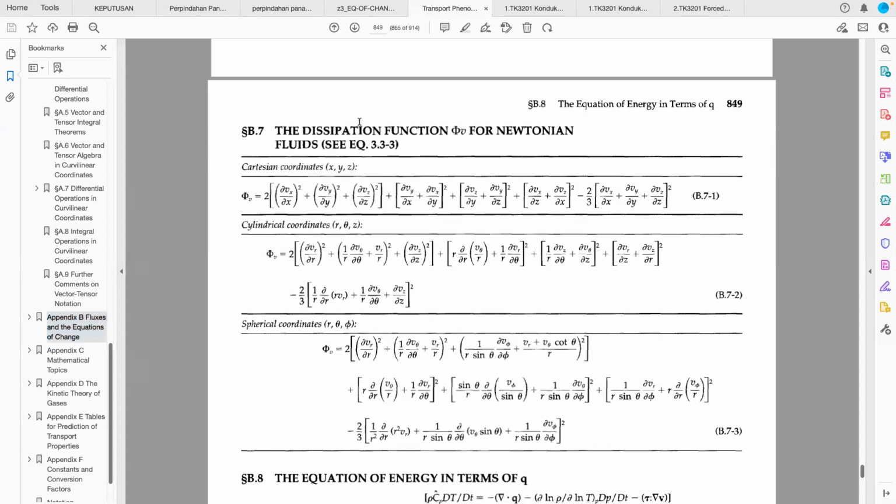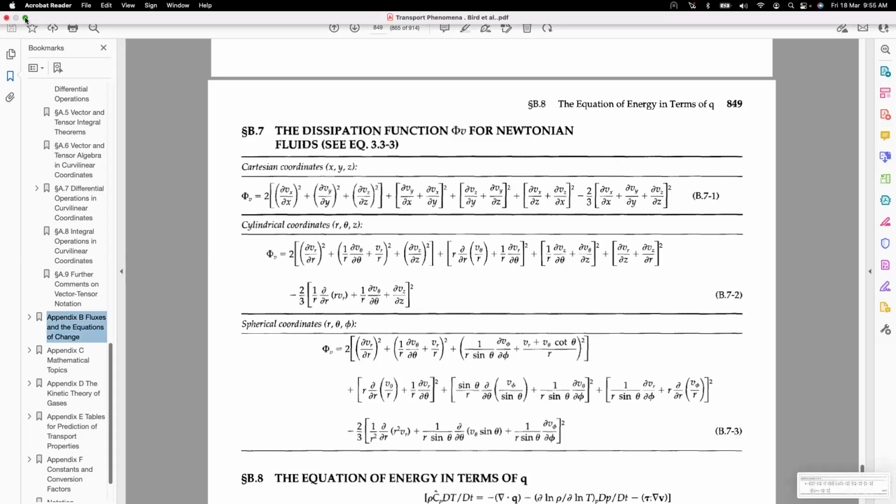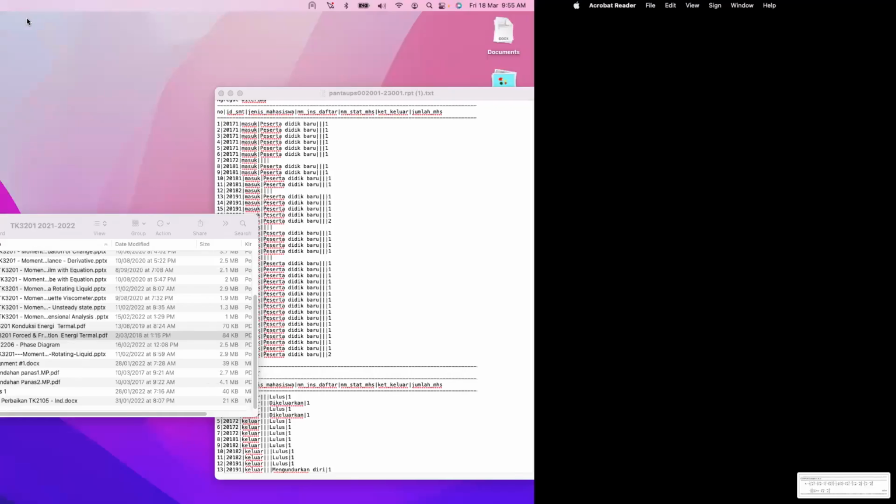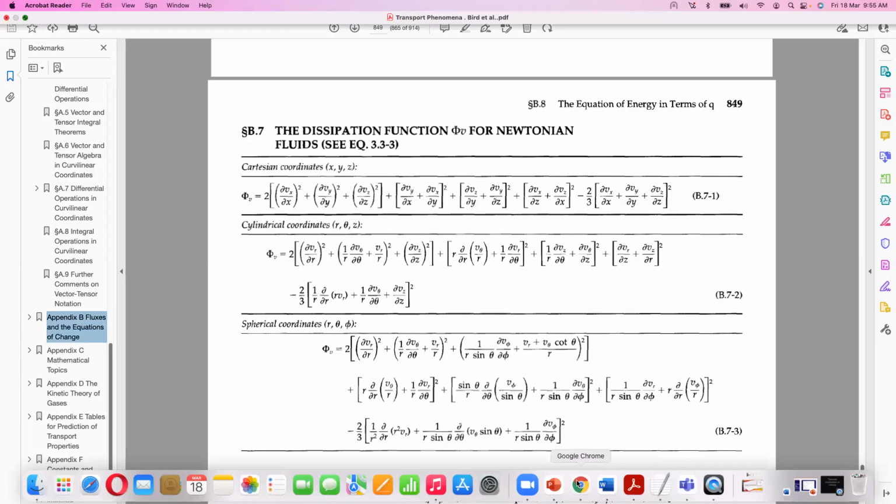In the dissipation function, when you have a difference in temperature or a difference in velocity, you end up with this viscous dissipation. So I want to click on this for the cylindrical coordinates, B7.2.